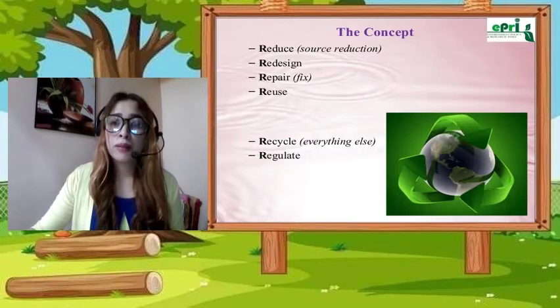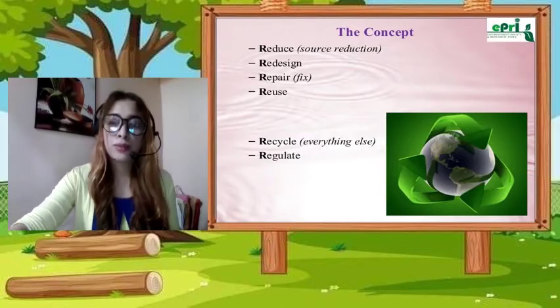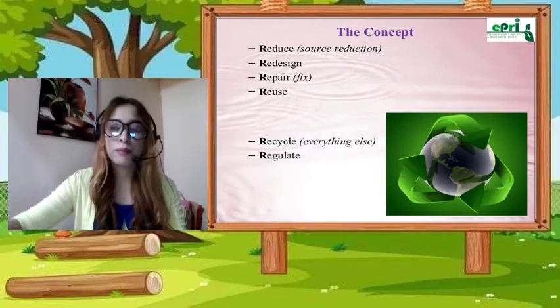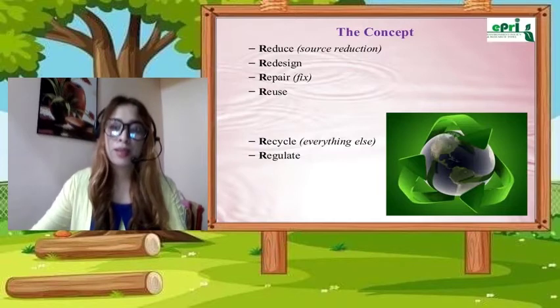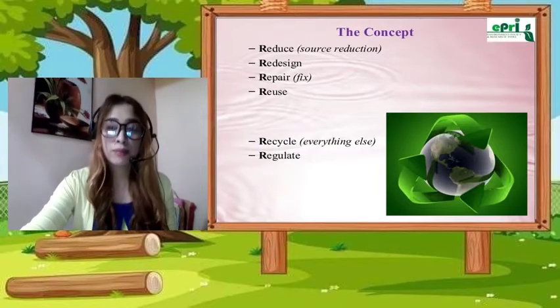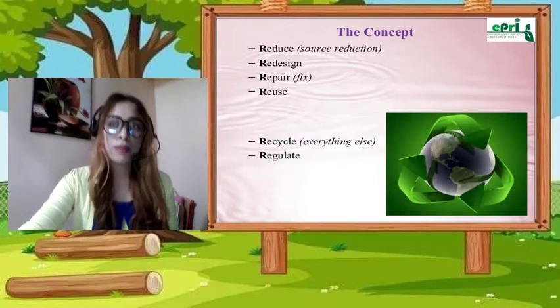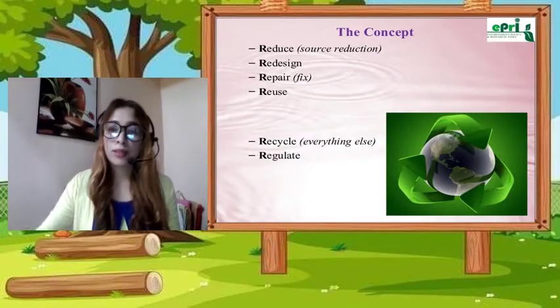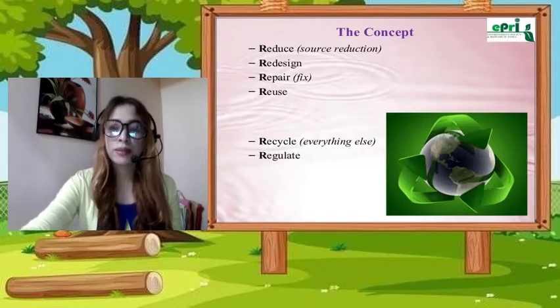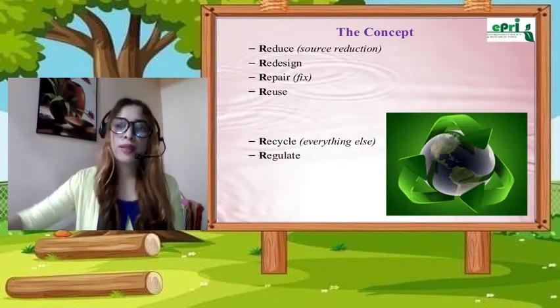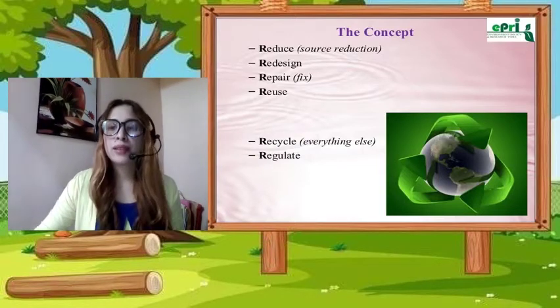And then repair: if you can repair things at home that we feel are unusable, they can still be used in the future, maybe by other people, and we don't need to throw them, so they cannot be converted into waste. Reusing things by just cleaning or washing them is also a good example. And the others are to recycle and to regulate our waste every day.